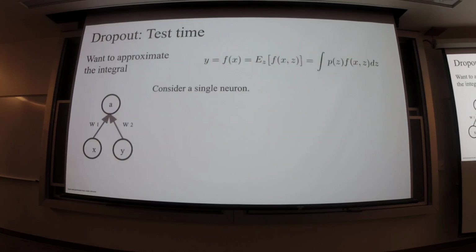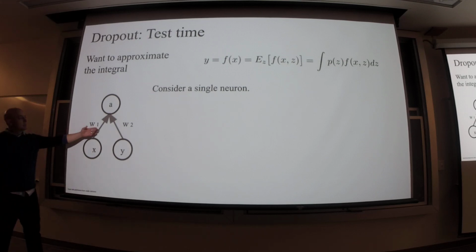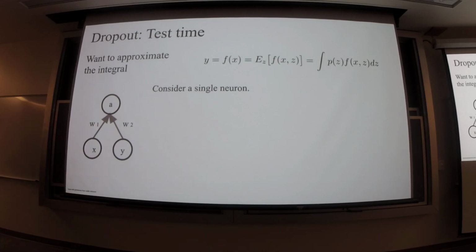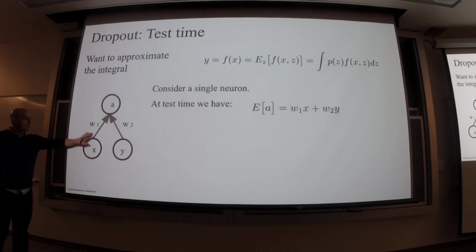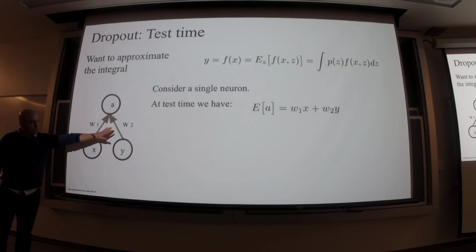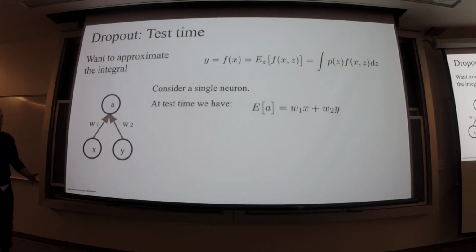So just think about this very simple case where we have two inputs. They're connected by two weights to some output. Let's do this as a linear case. You can think of the output at test time, which is this expected output, to just be weight 1 times x plus weight 2 times y. Like we're using the whole network.